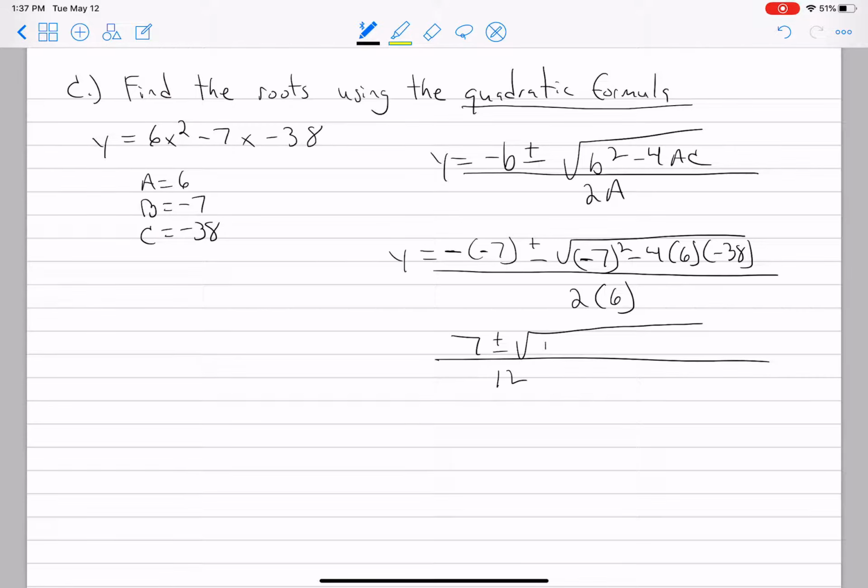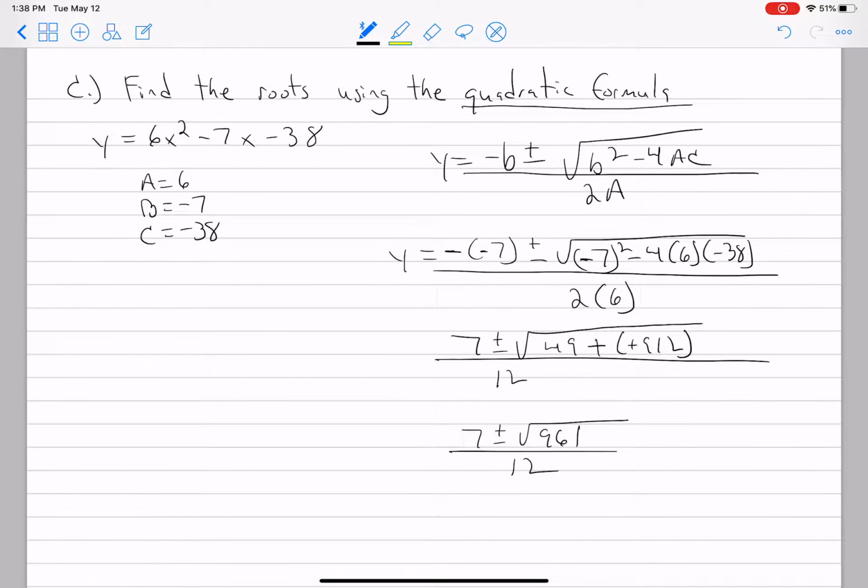What is this? 49 minus 4 times 6 times -38. I'm gonna bust my calculator on this one. 4 times 6 times 38 is 912, minus -912, which is 49 plus 912, 961. So this is 7 plus or minus the root of 961 over 12.